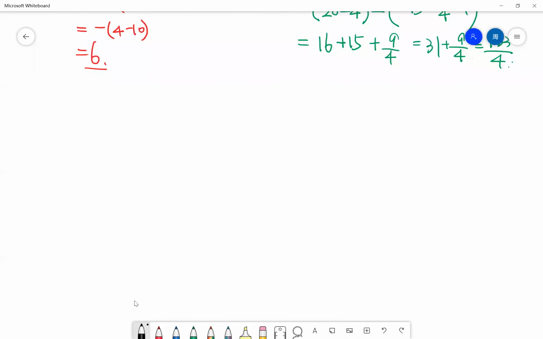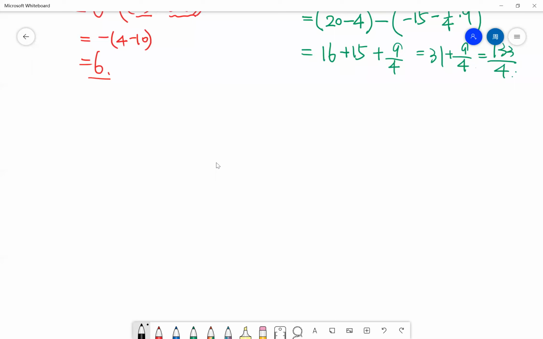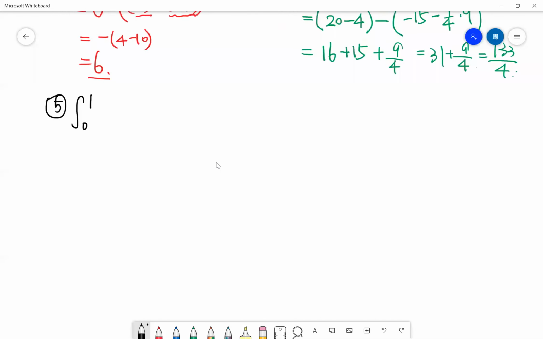Okay, number 5. Number 5, that is to calculate the integral from 0 to 1 of x squared plus square root of x dx.